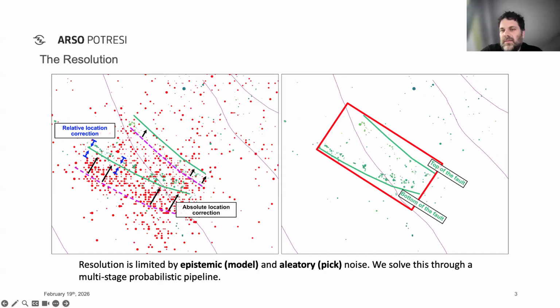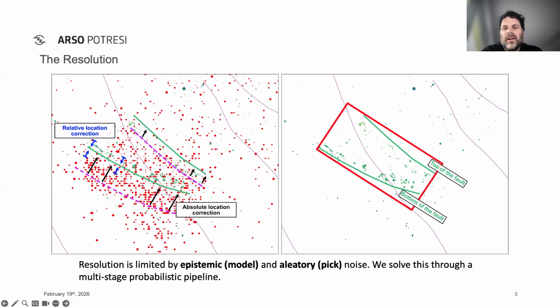You can think of a simplified velocity model or an uncalibrated instrument also. Sometimes the instrument brings problems, maybe we have timing errors in our seismic stations. The main point here is that this epistemic uncertainty is reducible.